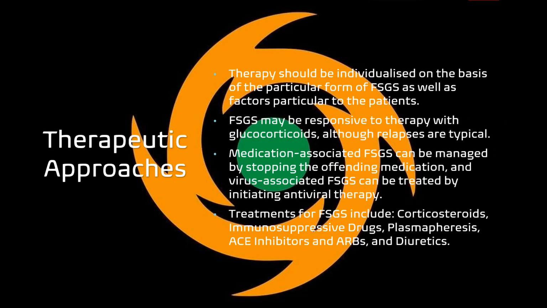So in the context of therapeutic approaches, I mentioned a few in one of the earlier slides, but generally therapy should be individualized on the basis of the particular form of FSGS, as well as the factors particular to the recipients. FSGS may be responsive to therapy with glucocorticoids, for example, although relapses are unfortunately typical as well.